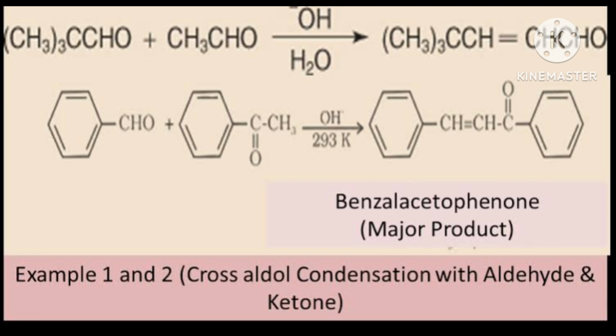If you are using ketone, then it is called ketol, K-E-T, that is for ketone, and OL is common. Ketol. A question is asked on this, you remember. So the product name is beta hydroxyaldehyde if aldehyde, and beta hydroxyketone if ketone. Okay. Then why are you using the term beta here?